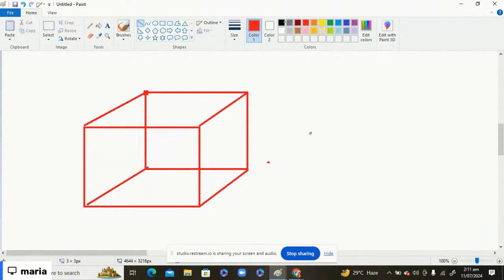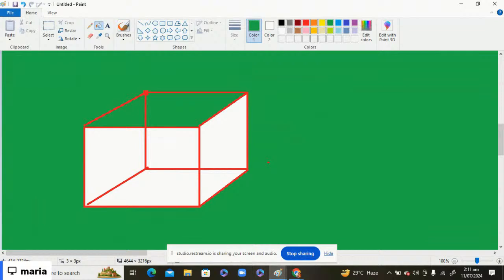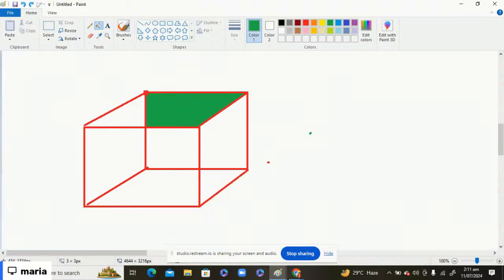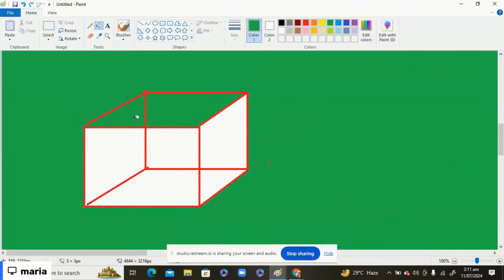So now look at here. For example, if you're going to start counting from the top, look at here from the top. It's one basically.